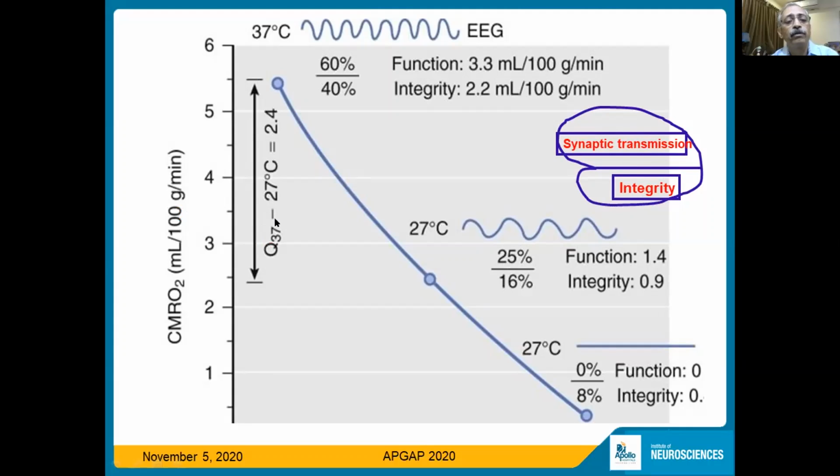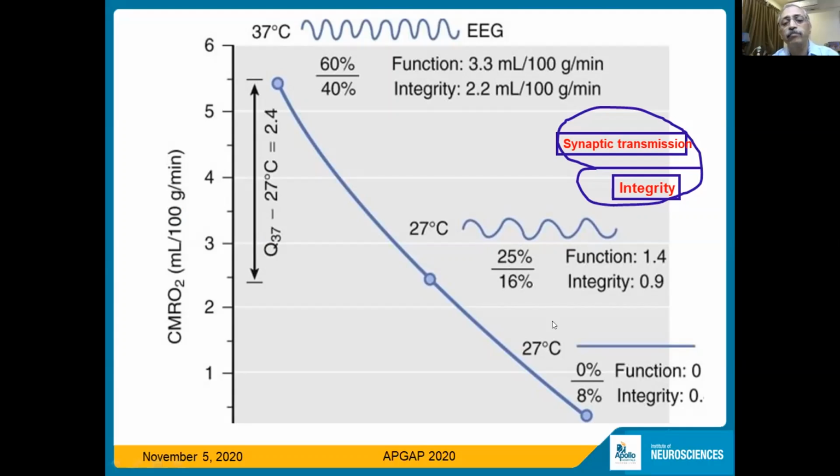This is defined as Q10, where for a difference of 10 degrees, the ratio of the cerebral metabolic rate from baseline to the end is taken. From 37 to 27 degrees, the ratio is 2.4, which means there is a 2.4 times reduction in cerebral metabolic rate.